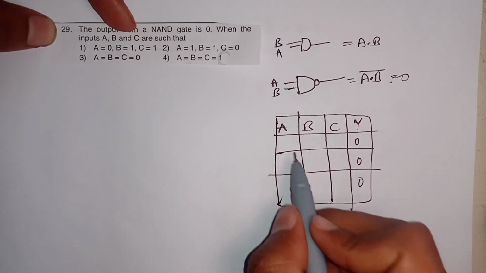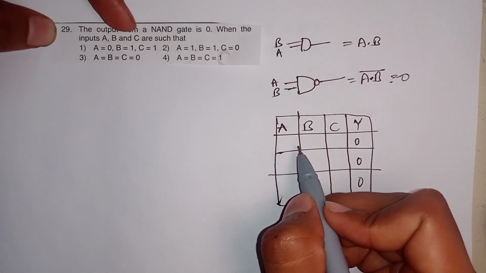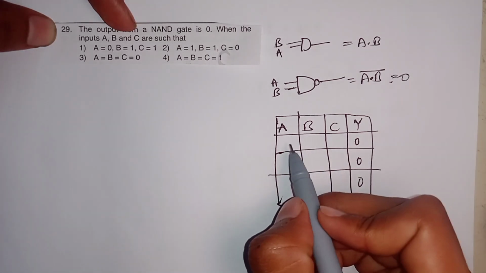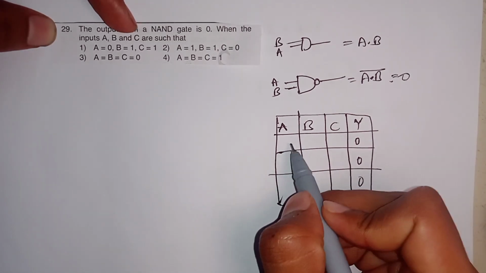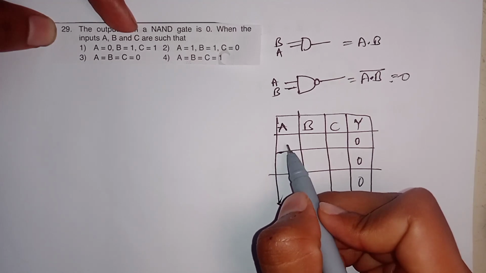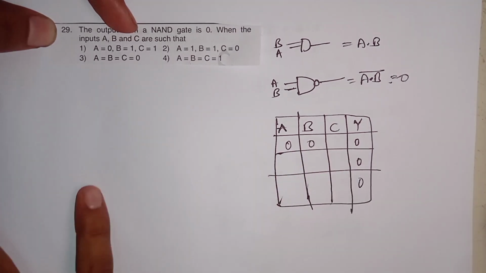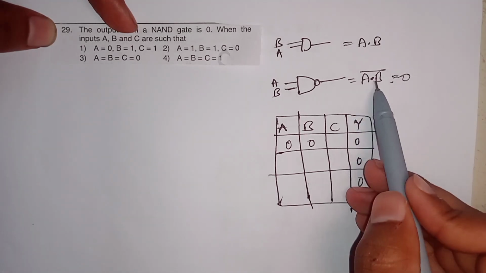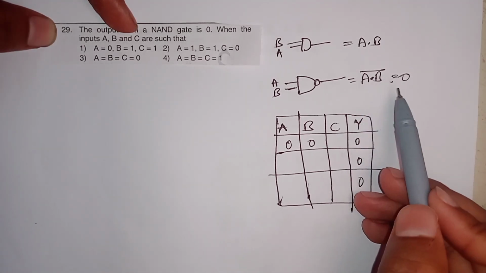For example, take two inputs simultaneously. I will tell you, if you take 0 and 0, what is the output of the NAND? Here, 0 into 0 is 0, inverse is equal to 1.